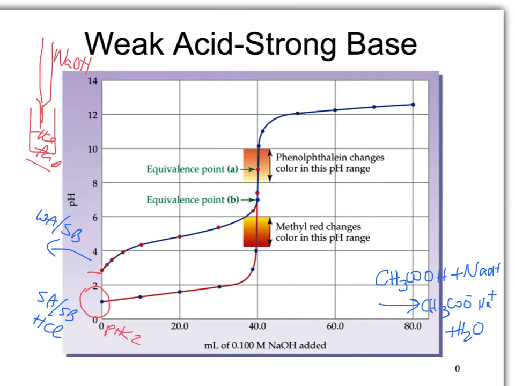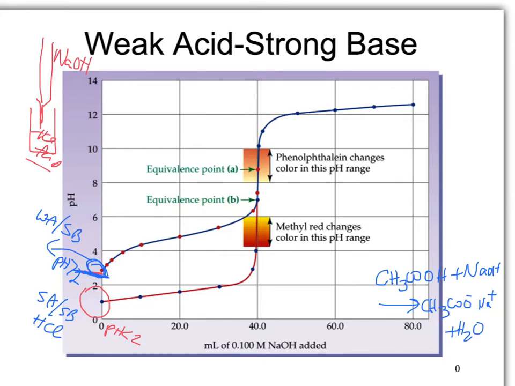And notice in the blue curve, I'm starting at approximately 2.9-ish, slightly lesser than that. So that value, the pH, is more than 2. It's a higher pH that is reflective of a weak acid. That's the first thing.